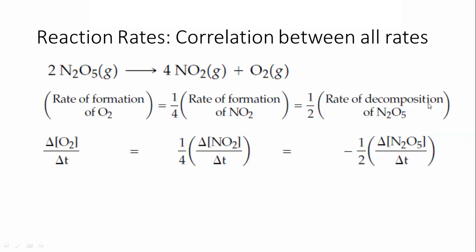This is the rate of decomposition of N2O5. This is the coefficient. You are dividing 1 by 2 because the coefficient is 2. Important here is the minus sign.